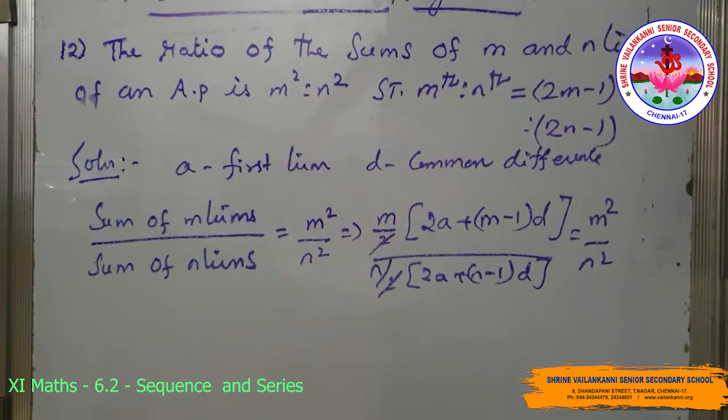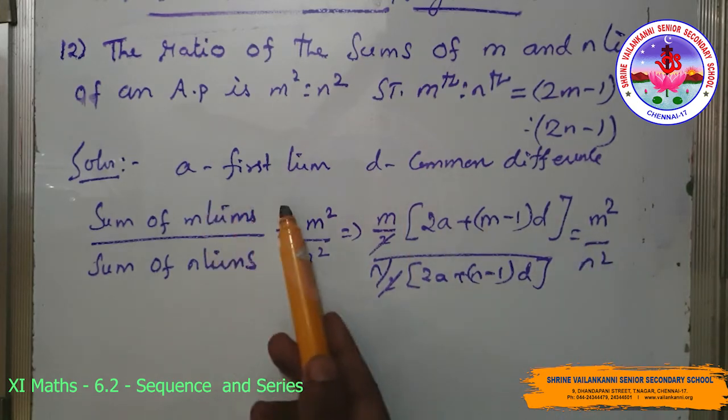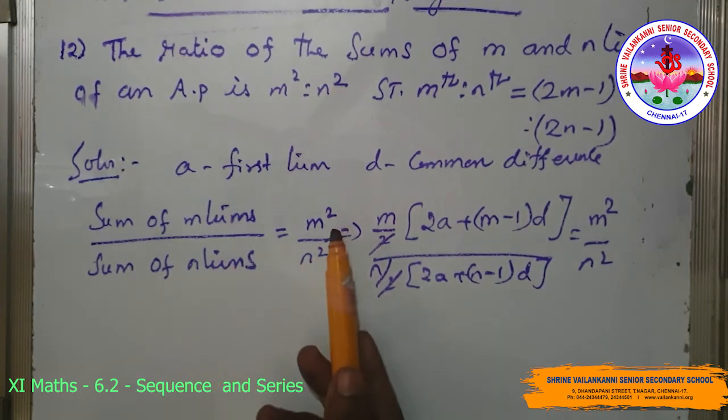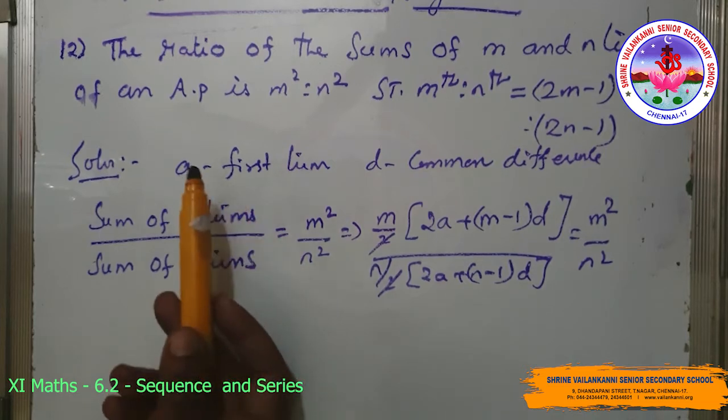Twelfth question. The ratio of the sums of m and n terms of an AP is m square is to n square. Show that the ratio of the mth and nth terms is 2m minus 1 is to 2n minus 1. So a is the first term and d is the common difference of an AP. Sum of m terms by sum of n terms is equal to m square by n square, it's given.